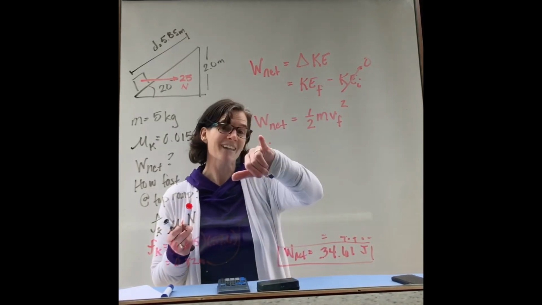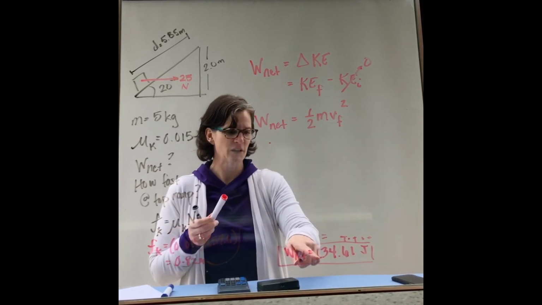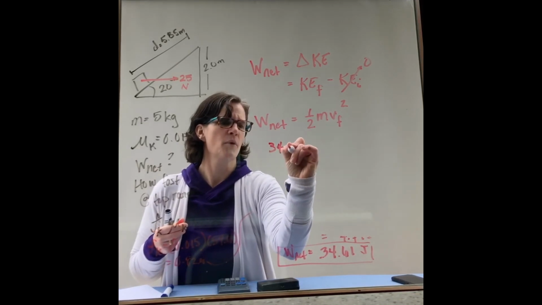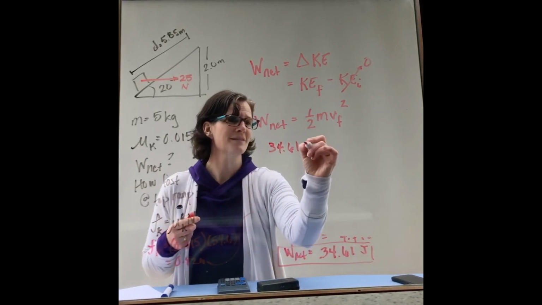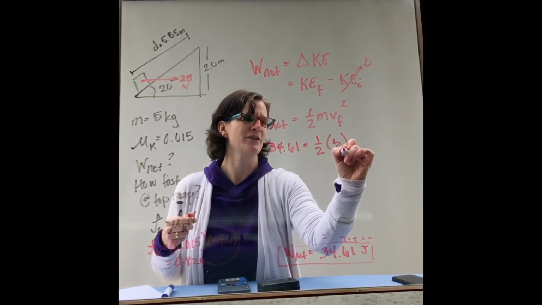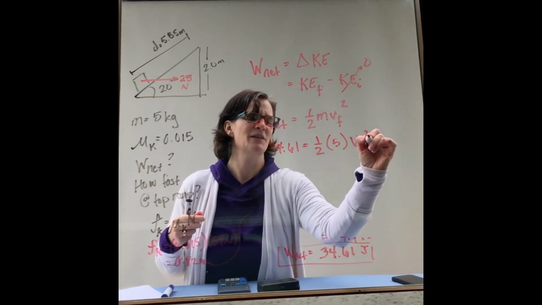So our work net is equal to our final kinetic energy. So our work net is 34.61 joules. That's going to equal 1/2 our mass of 5 kilograms V final squared.